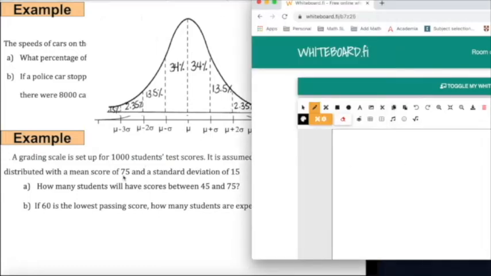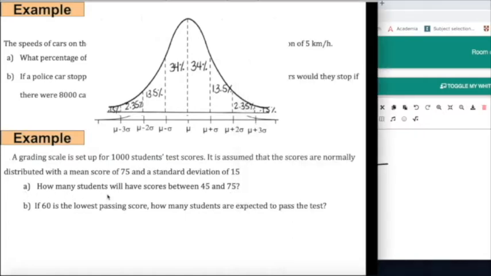The mean is 75. Question A asks for how many students will have scores between 45 and 75.